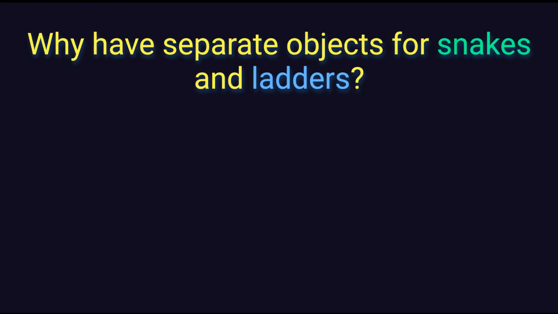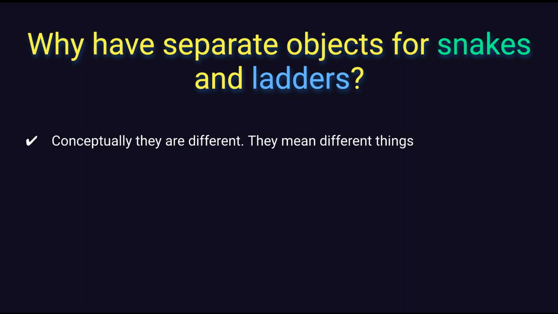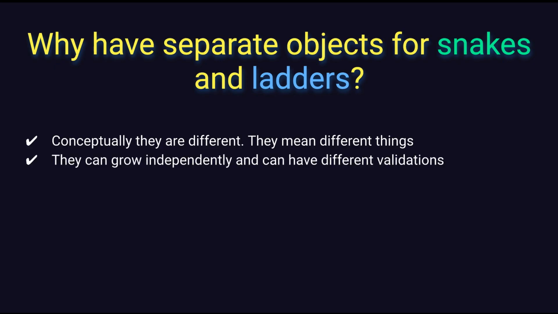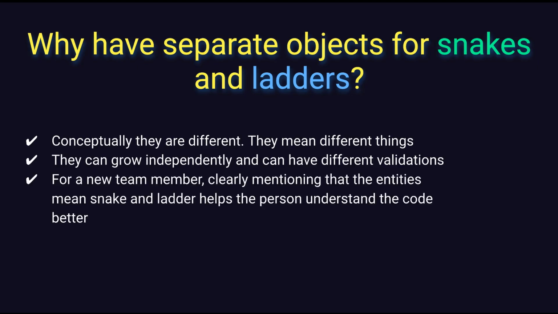Why do we have separate entities for snakes and ladders? Conceptually, they are both very different. Snakes and ladders mean different things. Both of them can grow independently and can have different validations. For a new team member, clearly mentioning that the entities mean snake and ladder helps the person understand the code better.